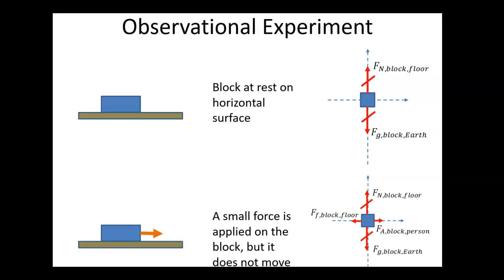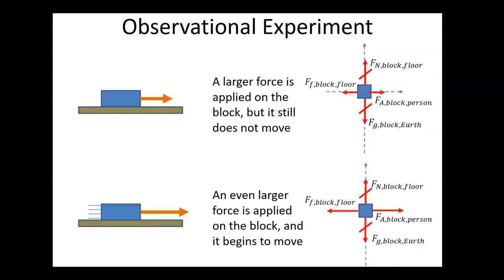It's being balanced by the force of friction. Friction points to the left because it is opposing the motion, and the friction force is enough to balance the applied force so that the net force is zero. In this case, we would call this friction force static friction, because the block is stationary, it is not moving.